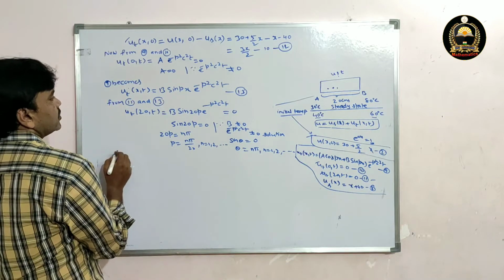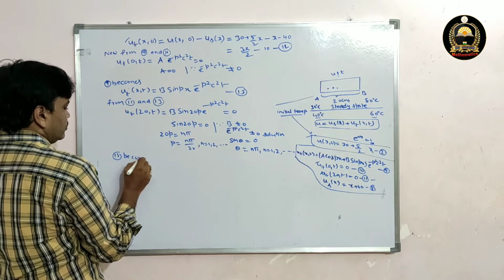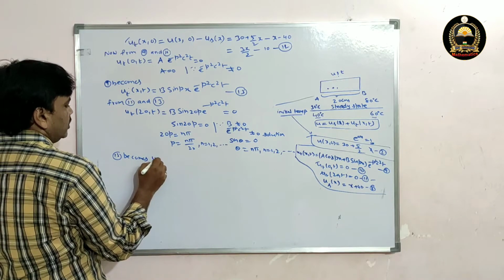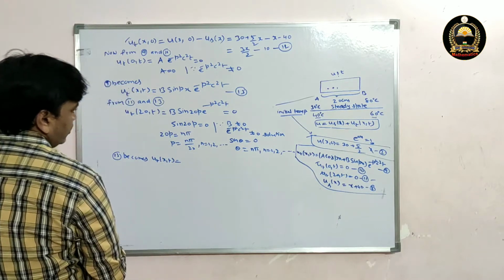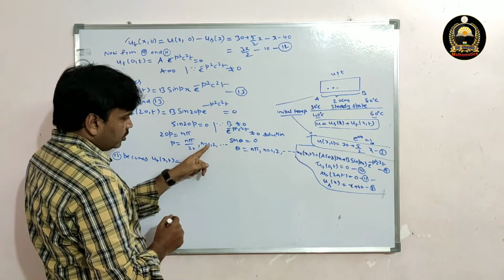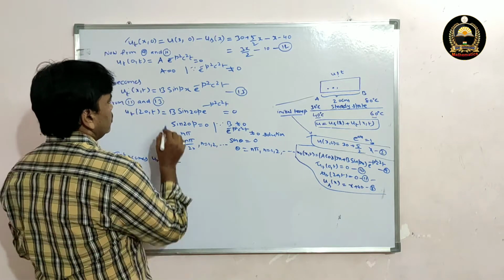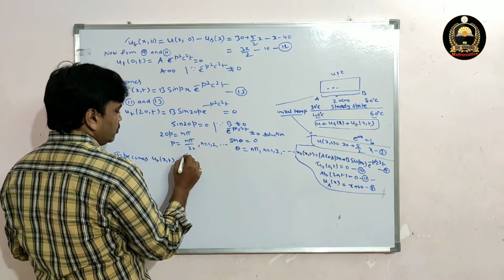Now 13 becomes u of x comma t, that is equal to, see students, here I have n equal to 1, 2, 3 and so on. So I want to write in summation notation, sigma n is equal to 1 to infinity.